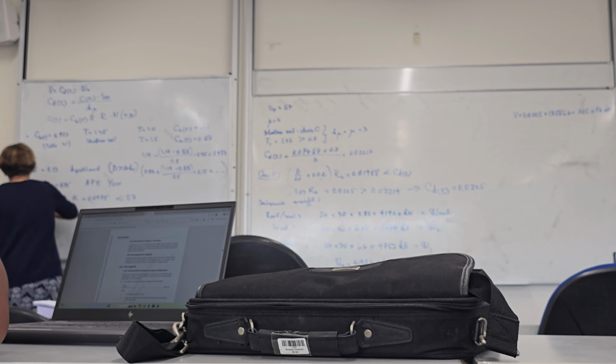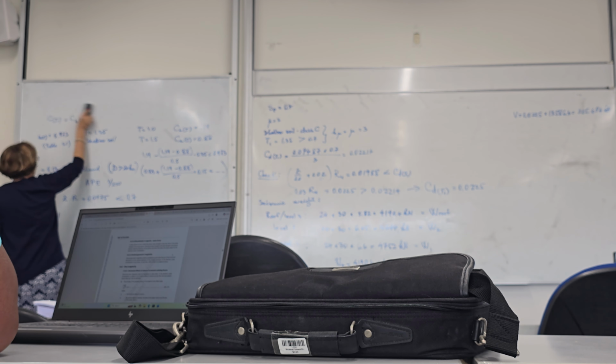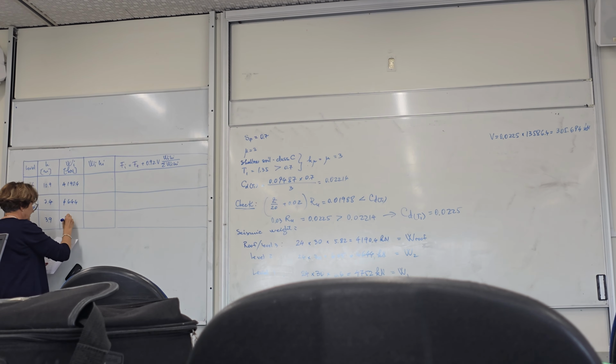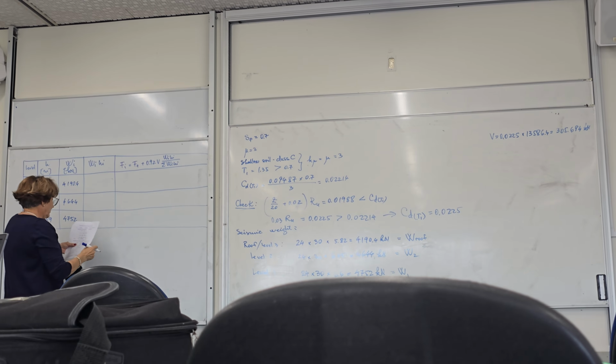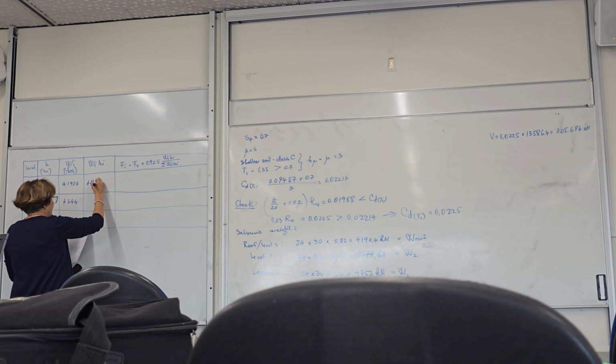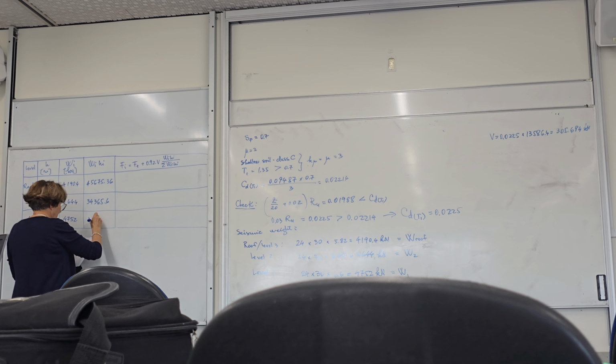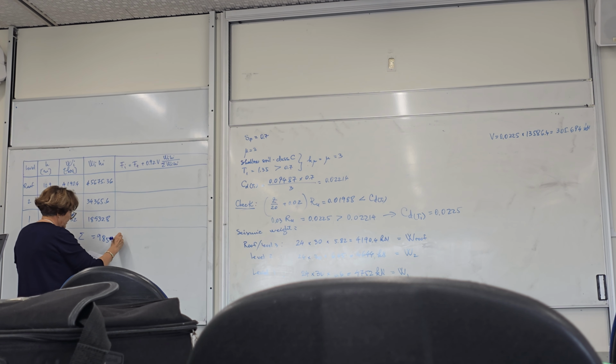I can clean here and do the table again. 4752 multiplied gives 45,675.36. 532.8, and the sum will be equal to 9857.76.